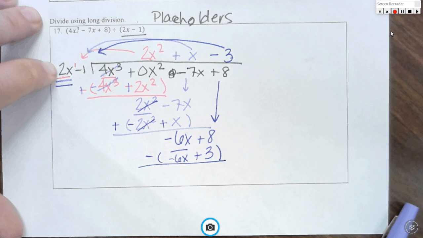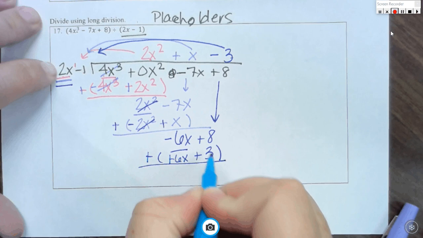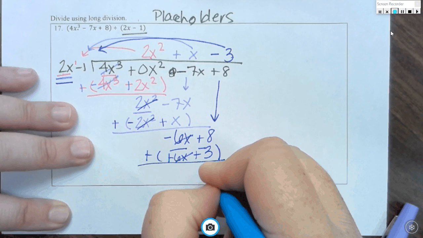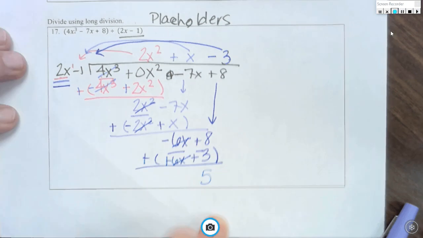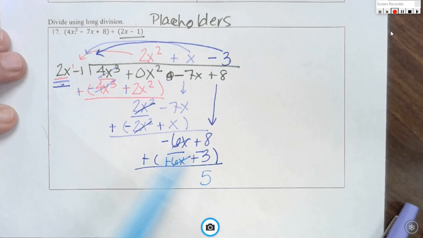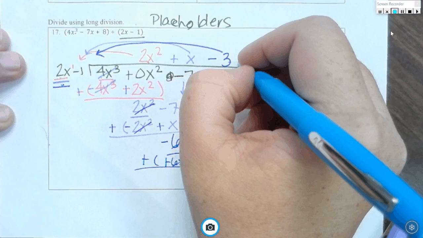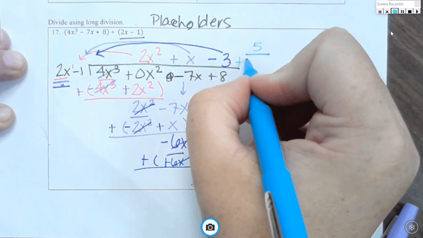So now I'm going to do a same, change, change, change. First terms are gone. 8 and negative 3 would leave me with 5. And because there's nothing I can multiply 2x by to get 5, 5 is my remainder, which means I'm going to add it here as a fraction over 2x minus 1.